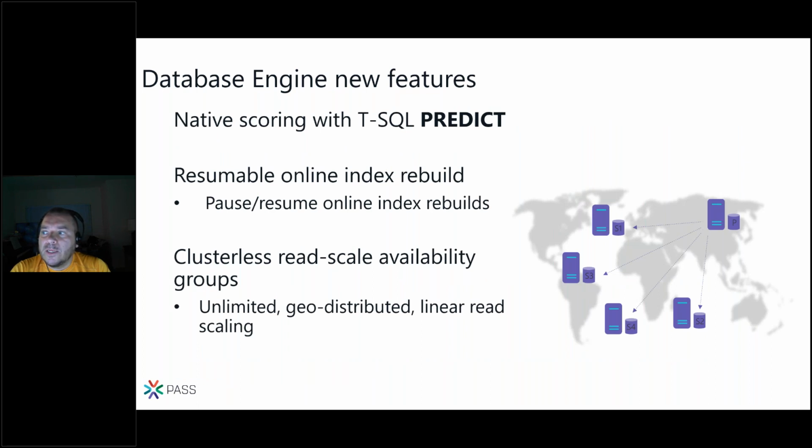Native scoring with T-SQL PREDICT is something that is related to advanced analytics. So if you have a trained model, let's say you are using R for doing predictions on your data based on the transaction, what you can do is store the trained model in a binary format in a table and then reference that using the PREDICT function, and that allows you to do native scoring based on the data that you have just inserted in the table.